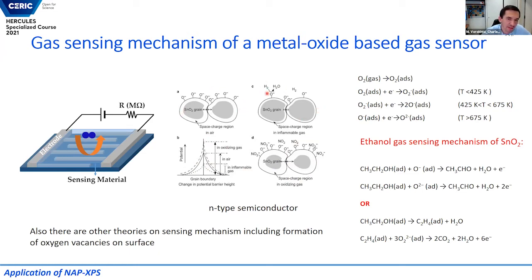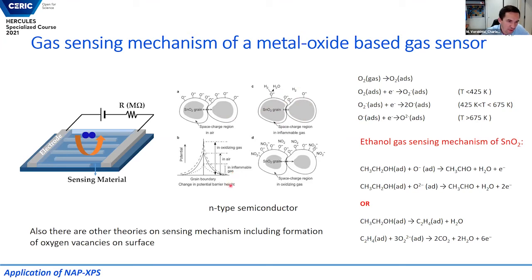Sometimes people say that when you expose the surface to such reducing gases, you can create oxygen vacancies on the surface, and this results in the appearance of additional electrons at the surface, because removing one oxygen always leaves two electrons at the surface. So this could also be the reason why the resistance of such a layer changes when it's exposed to a reducing gas.